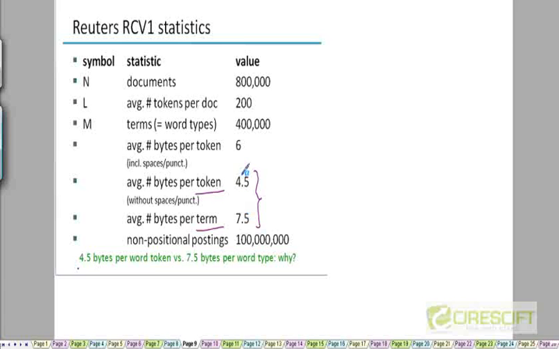Which is why the average number of bytes per token, where if the word appears 500,000 times, will be weighed 500,000 times in calculating this average, but they will be weighed only once when calculating this average.